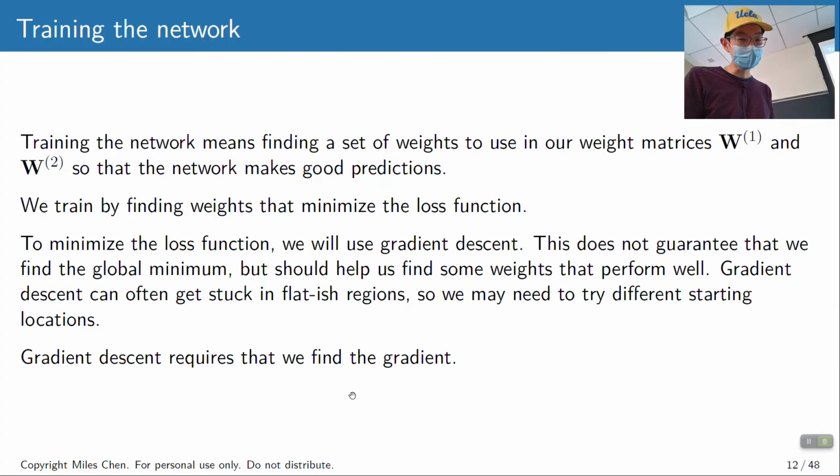And we want to pick values so that our neural network will make good predictions. And so the way we train it is we say, well, let's find the w's that will minimize the loss function. And to minimize the loss function, we use gradient descent. It would be nice if we could calculate the gradient, set it equal to 0, and solve.